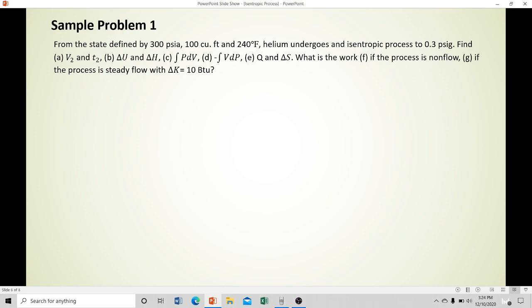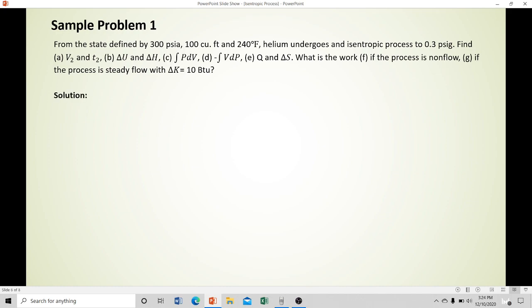C is the non-flow work. D is the steady flow work. E is the heat and the change of S, or change of entropy. F is the work if the process is non-flow, and G is the work if the process is steady flow with change of K equal to 10 BTU, or British Thermal Unit.